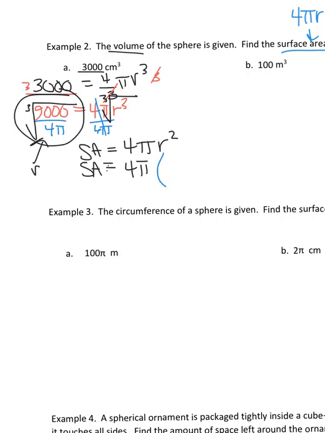I'm just putting this parentheses to show that I'm going to plug in r, which is the cube root of 9,000 divided by 4 pi, parentheses, square it. Now, when you put this in your calculator, remember you have to put the denominator in parentheses, otherwise it won't keep the pi on the bottom. So be careful with your order of operations. So you should try that on your calculator.